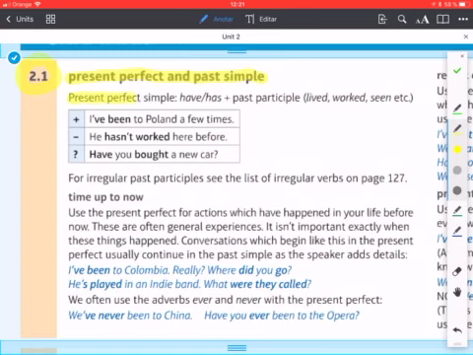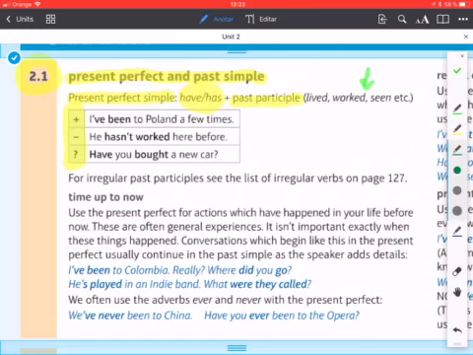Well, to begin with, the present perfect simple, or present perfect, is formed by using the verb to have as an auxiliary and the past participle of the verb whose meaning you need to portray or express. They give you here how to form positive sentences, negative sentences, and questions.